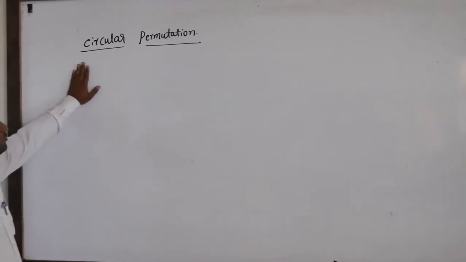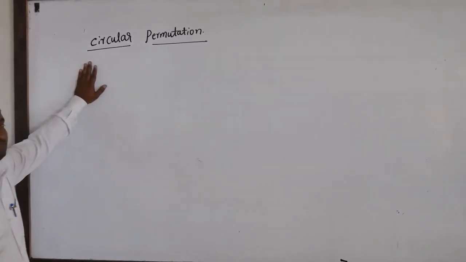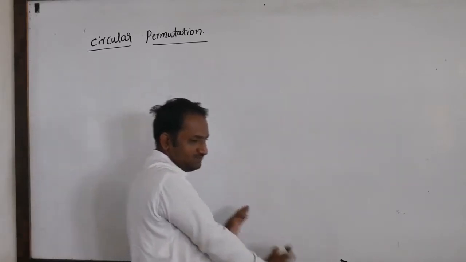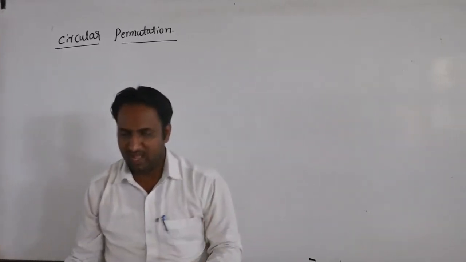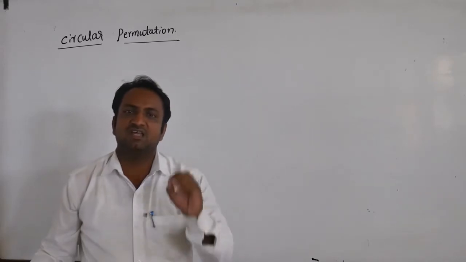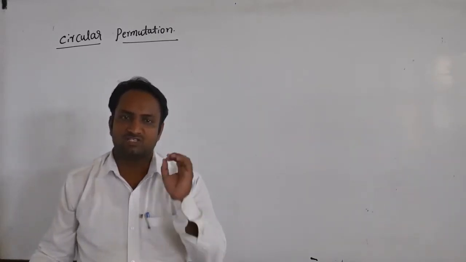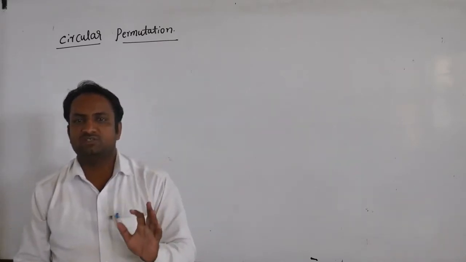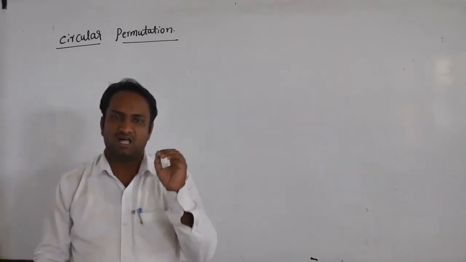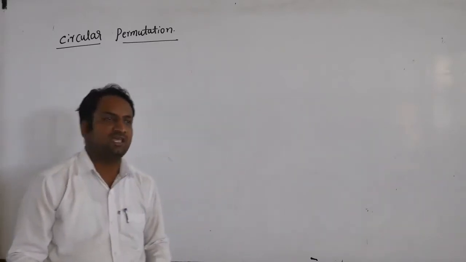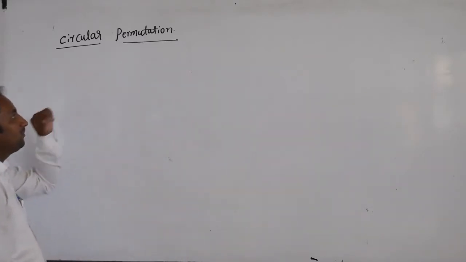The definition of circular permutation: arranging things or names of persons in a closed path or circular path. The arrangement of numbers or elements or anything in a closed path is called circular permutation.